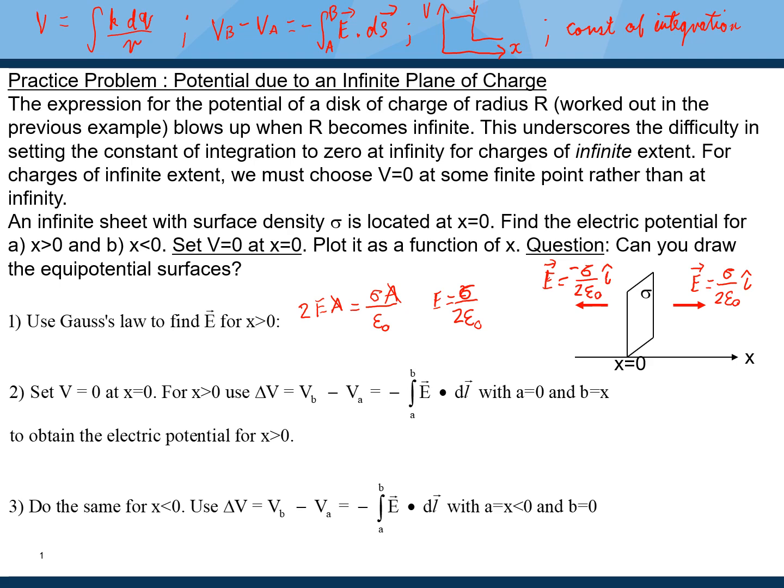Okay, so this gives us the electric field in vectorial notation for x greater than 0 and x less than 0. And now let's say that we want to solve part 2.